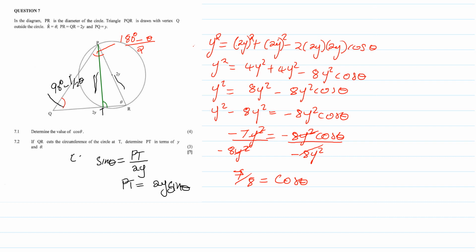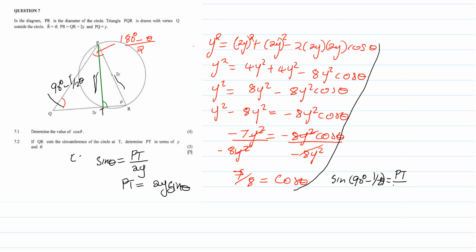Sorry, allow me to use this space. Let's forget about this. We are going to say, using triangle PTQ, we will have sine of 90 degrees minus half theta equal to the opposite, which is PT, divided by the hypotenuse, which is y.